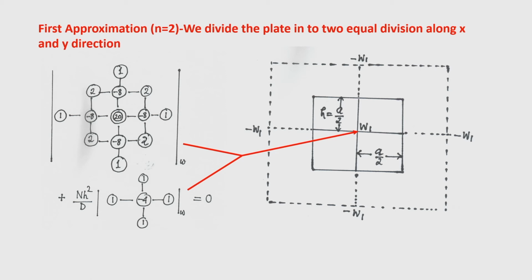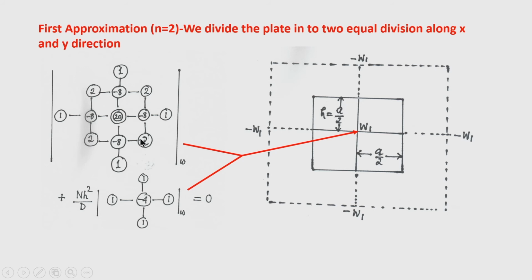So, if you place the double circle here, the coefficient minus 8 will go here, and naturally this node is falling on the boundary and therefore the deflection is 0. Okay. So, similarly, towards the left-hand side it is also on the boundary, the right-hand side top is also on the boundary, and the bottom is also on the boundary.